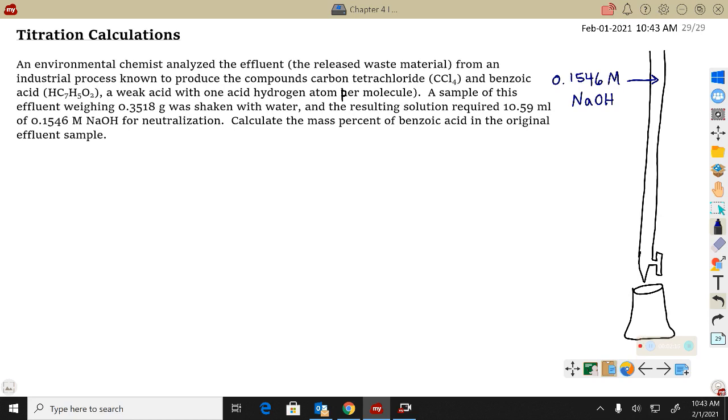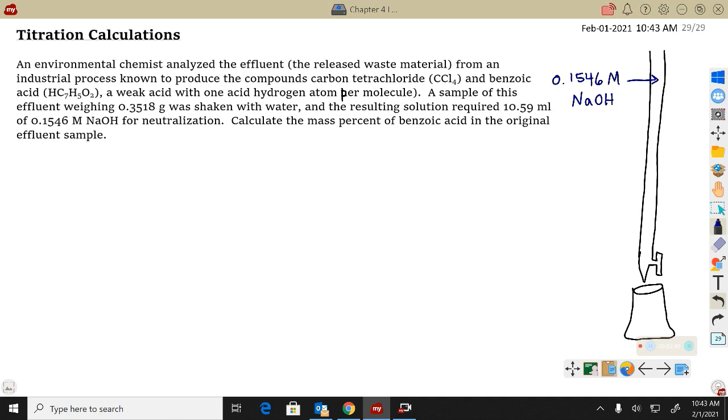Well, what the heck's in the flask, right? Okay, so this waste product was a mixture of carbon tetrachloride and benzoic acid. But the carbon tetrachloride will not react with the sodium hydroxide, but the acid will.